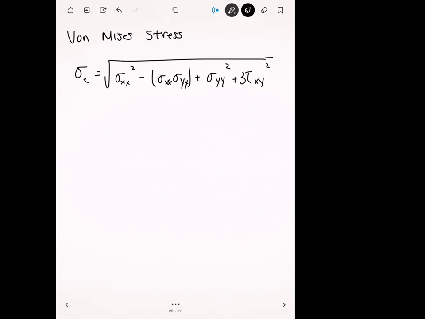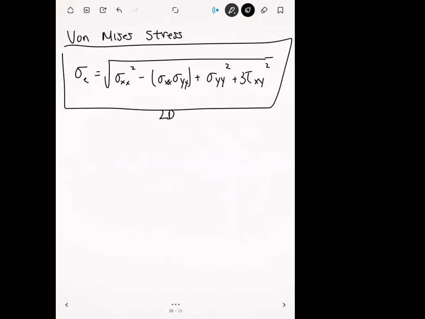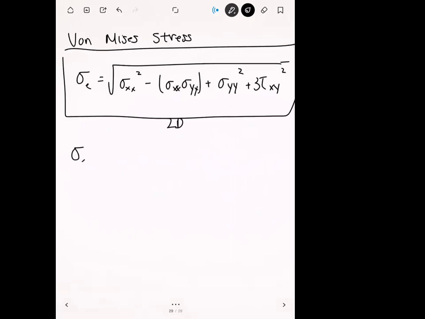This is in 2D, because this only has x and y components, but we can extend this formula to 3D as well.